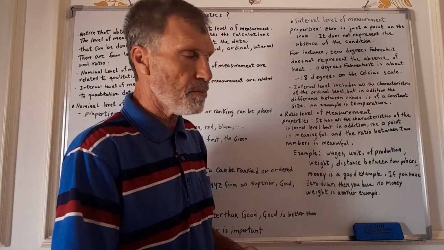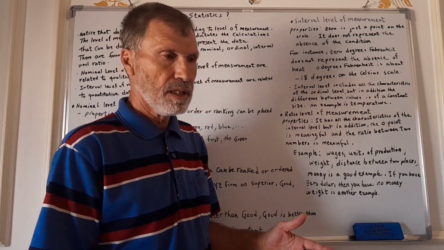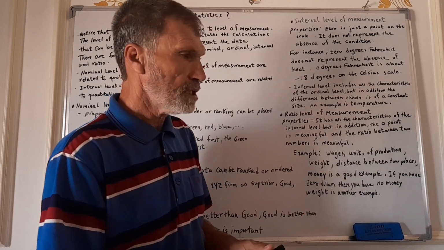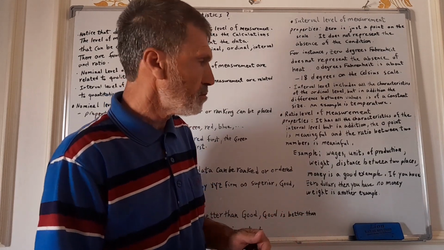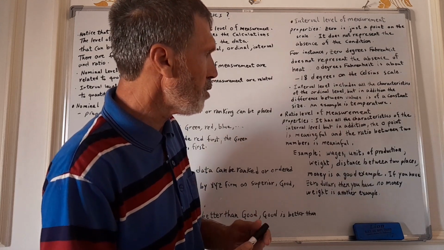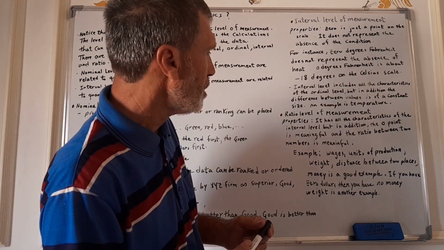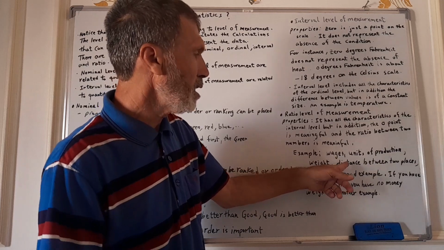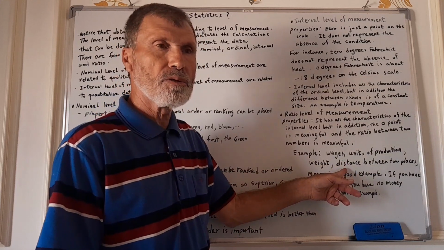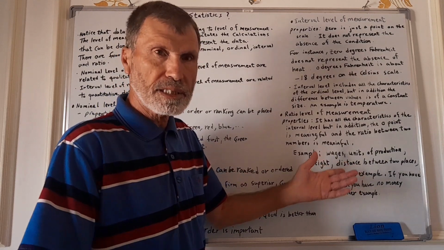Money is a good example. Weight, for instance: his weight is 0, makes sense. He has 0 money in his account, makes sense.